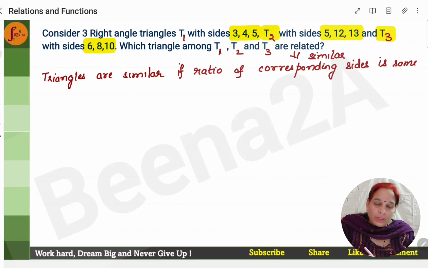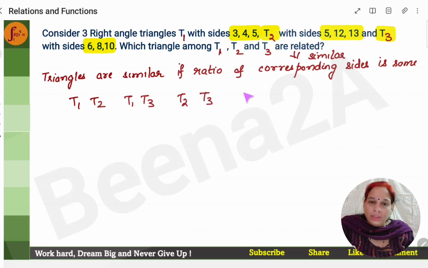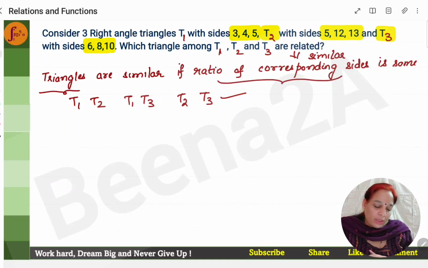Now you'll have to tell if T1 is related to T2, or T1 is related to T3, or T2 to T3. You'll have to check. How will you check? This is the condition: if I have to prove the triangles are similar, then the ratio of corresponding sides should be the same.